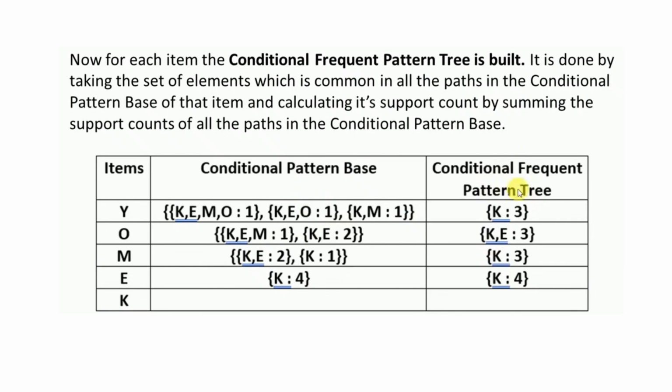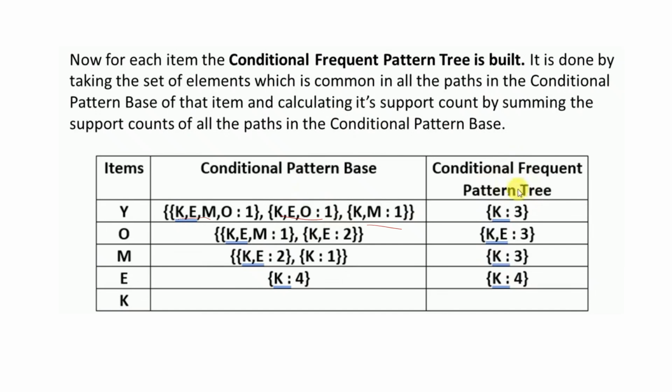Next, we move to the conditional frequent pattern tree. From the conditional pattern base, we have to write the conditional frequent pattern tree, which means the common item set from each set. Out of K, E, M, O, which is the common item present in each set?